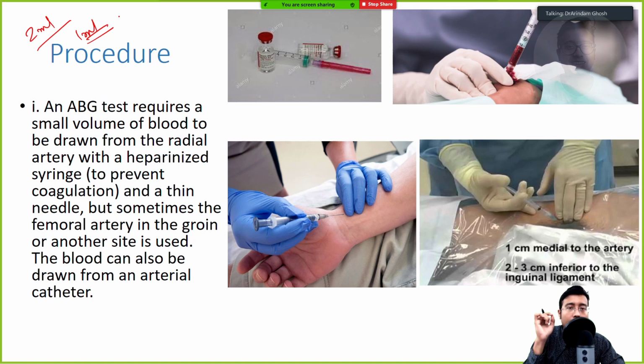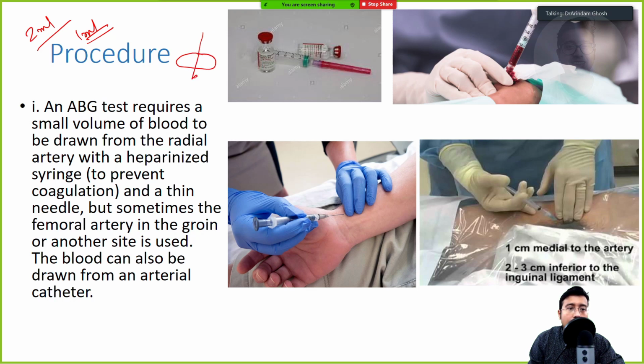Sometimes it may happen you insert the needle and it pierces both the walls and goes past the radial artery, right? So that is the reason why we apply suction and we keep withdrawing it. Then at some time, see, this is what happens. Suppose this is the radial artery, and we are inserting a needle through and through.